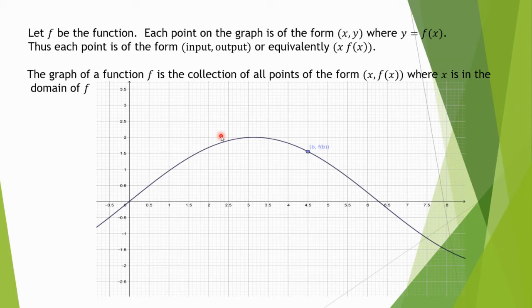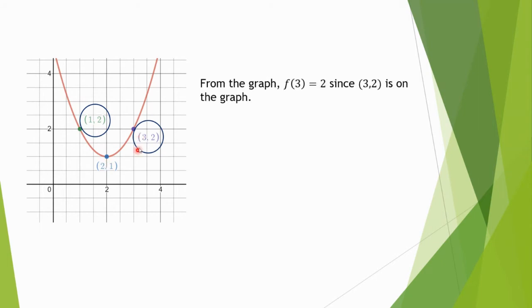I mean, maybe this is not the best example because I haven't really specified things. Well, actually, I shouldn't say that. This is good. But let's look at this example. Here, I have another function drawn, okay, as you can see. And I specified some points. So, for instance, 3, 2, that's on the graph, right?